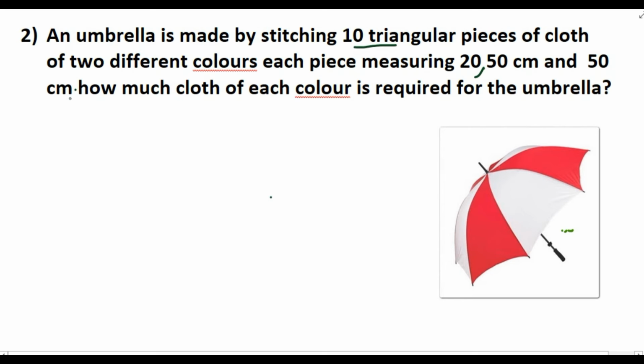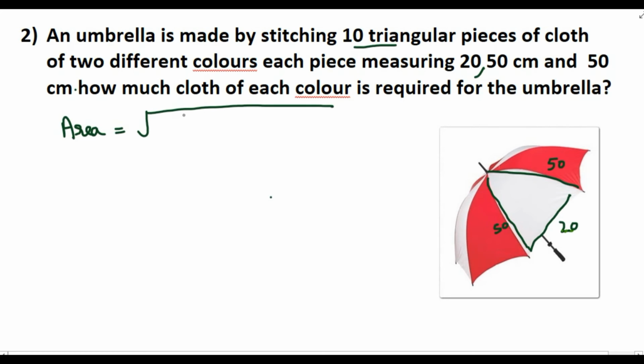How much cloth of each color is required for the umbrella? You can see a triangular piece here, and its sides measure 50 centimeter, 50 centimeter and 20 centimeter. We need to find the area of the triangle by Heron's formula, which is equal to square root of s into s minus a into s minus b into s minus c.